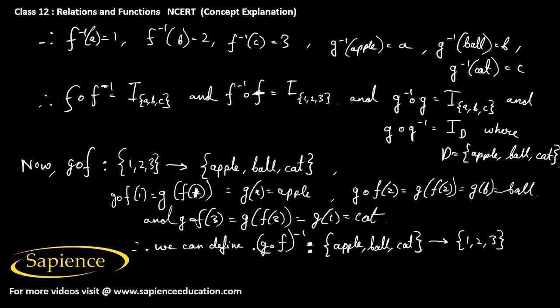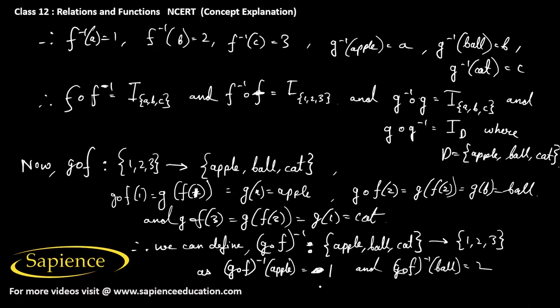So g of f whole inverse of apple is equal to 1. And g of f whole inverse of ball is equal to 2, since g of f of 2 is ball, we have found it. And then g of f whole inverse of cat is equal to 3.